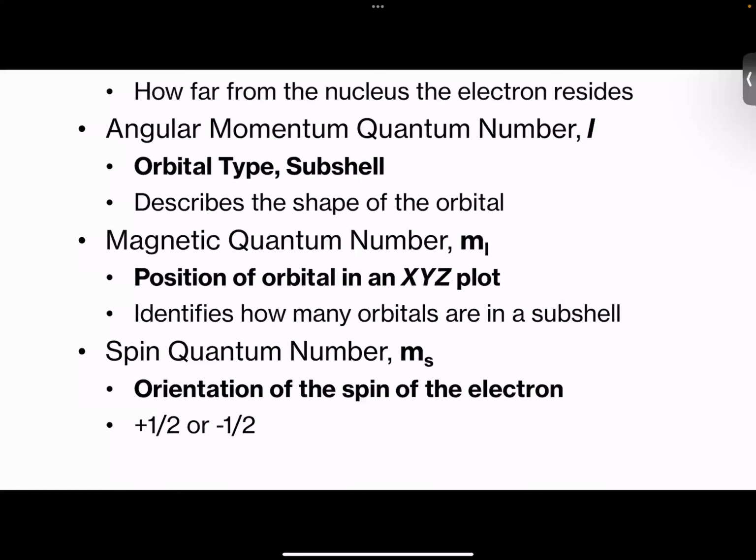Now, standard notation is to include a +1/2 spin first. Then, if an orbital has a second electron, that electron will have a -1/2 spin. So it's standard notation to do the +1/2 first.